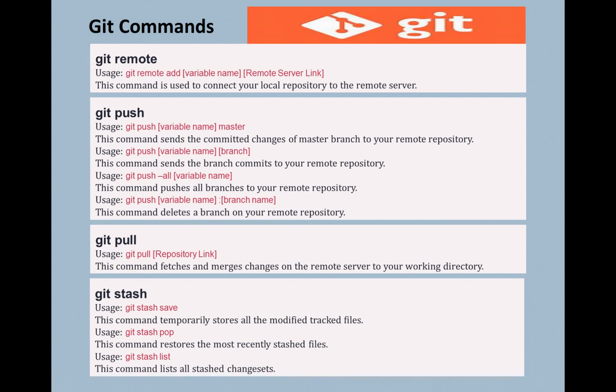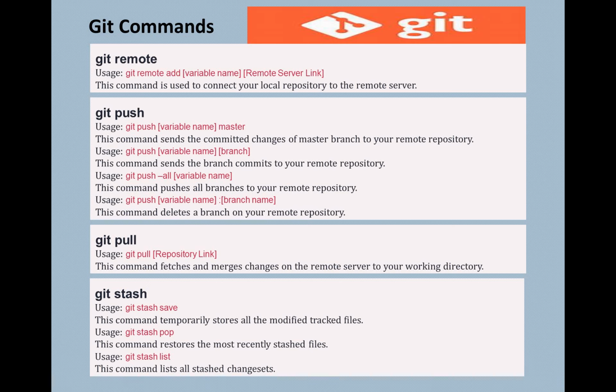The next use is git push, variable name and branch. This command sends the branch commits to your remote repository. The third usage is git push --all and variable name. This command pushes all branches to your remote repository. The last usage is git push, variable name and branch name, which deletes a branch on your remote repository, right?